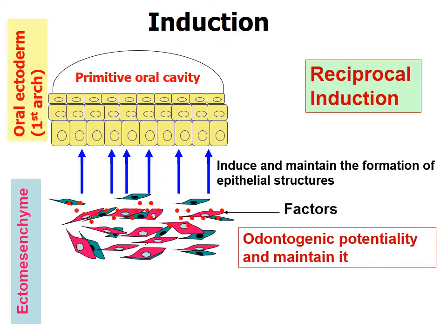And then the factors that are isolated in the ectomesenchyme maintain the tooth tissue formation by inducing and maintaining the formation of the epithelial structure.